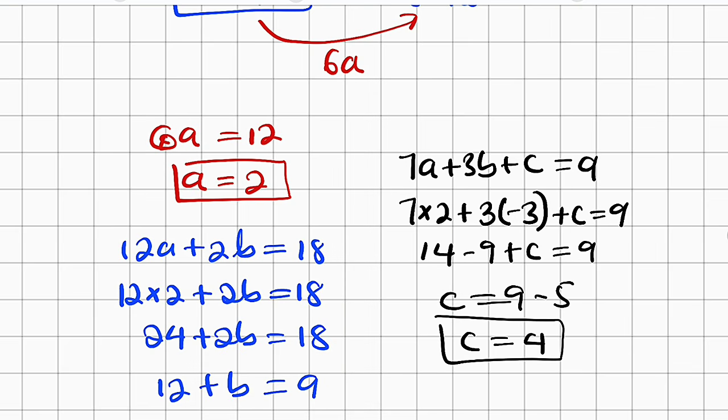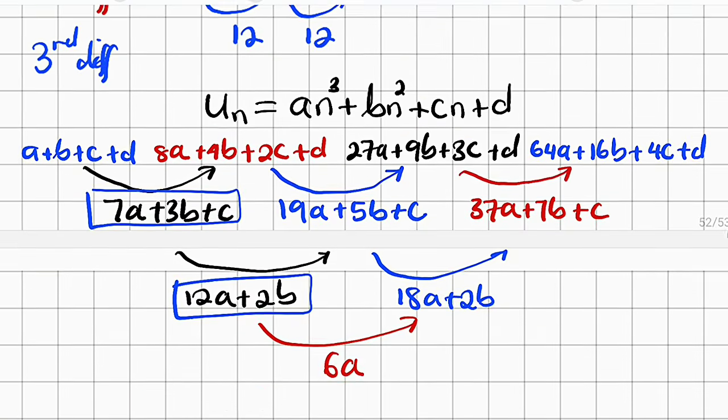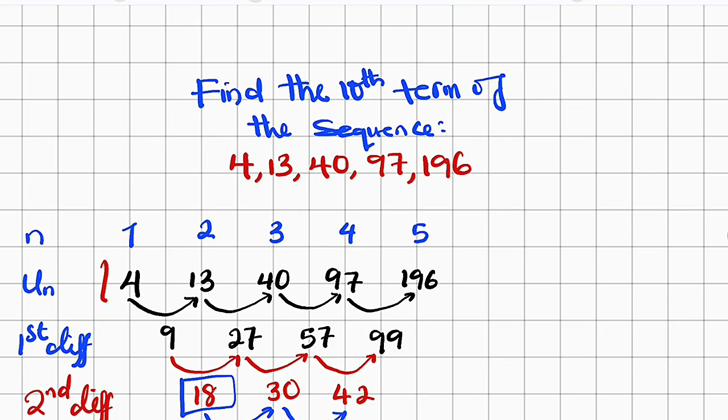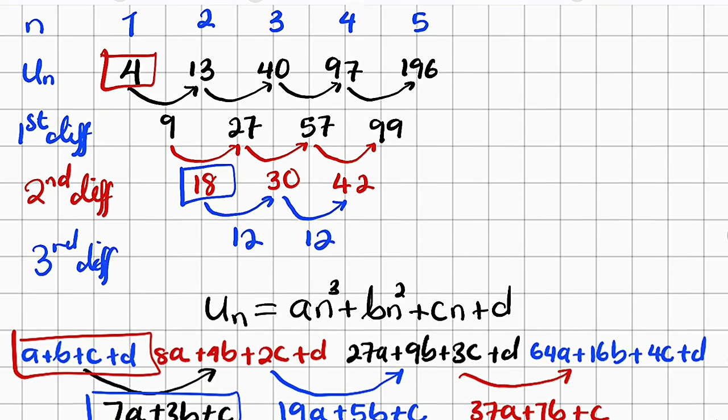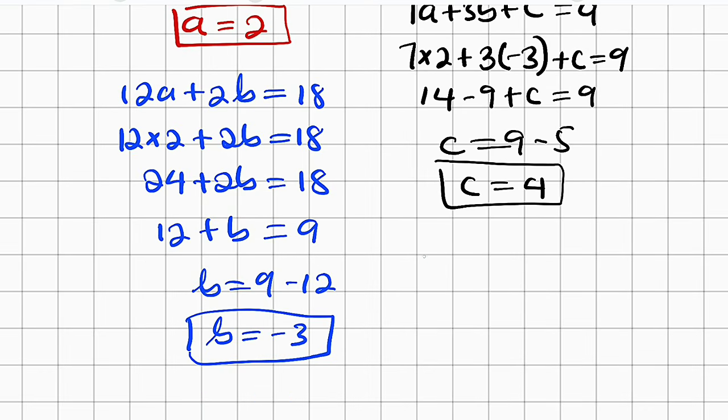Now the only term we need to find is d, and that can be obtained from the first term. Remember, this is our first term, which must correspond to the first term here, which is 4. So a plus b plus c plus d must be equal to 4. a is 2, b is minus 3, c is 4, d is what we are looking for.